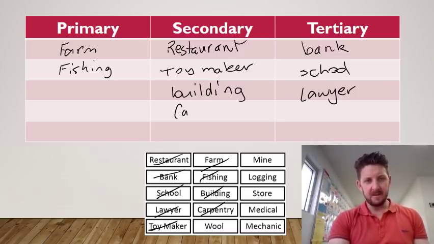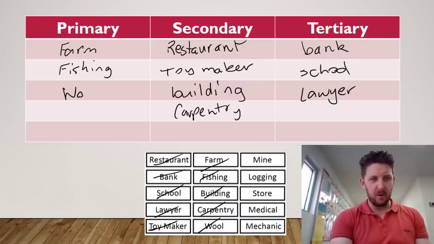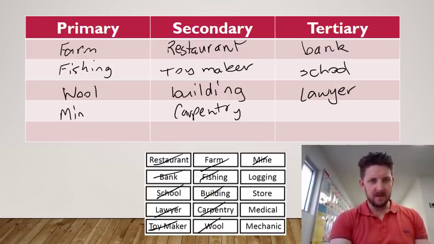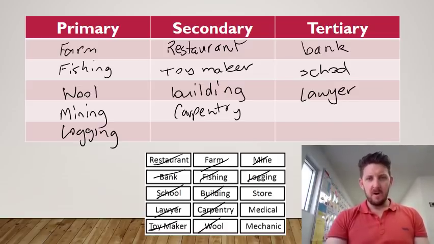Carpentry. Oh, spelled that wrong. Into secondary. Wool, obviously a primary, off the sheep. Mining. Logging. All right, we've got a mechanic.